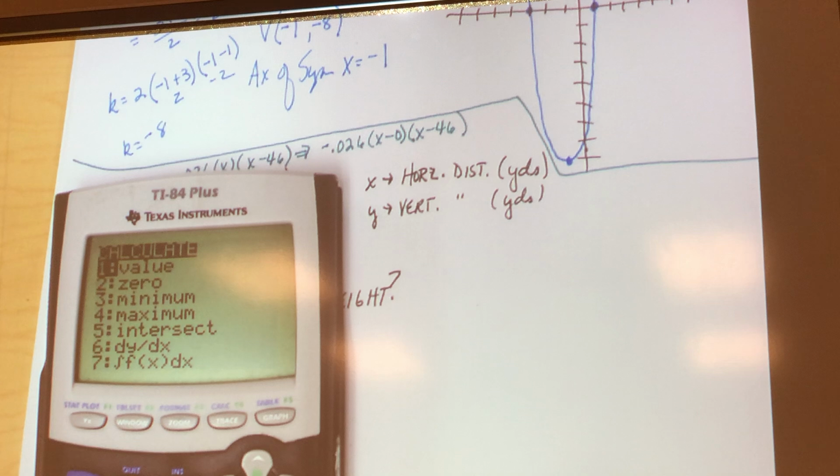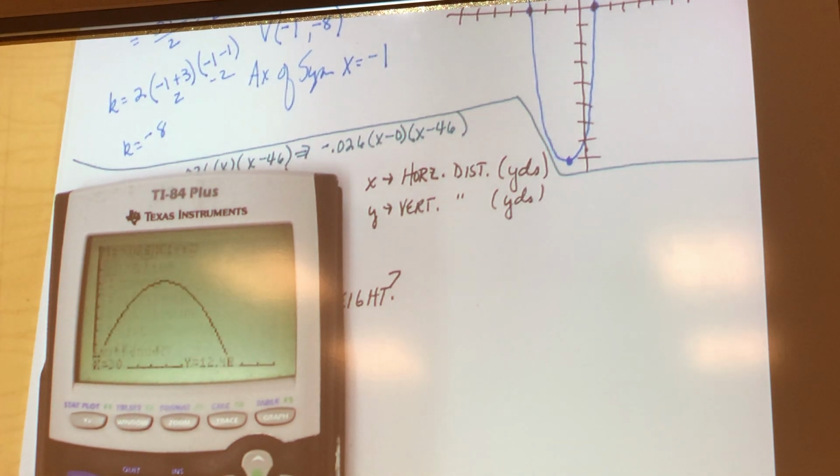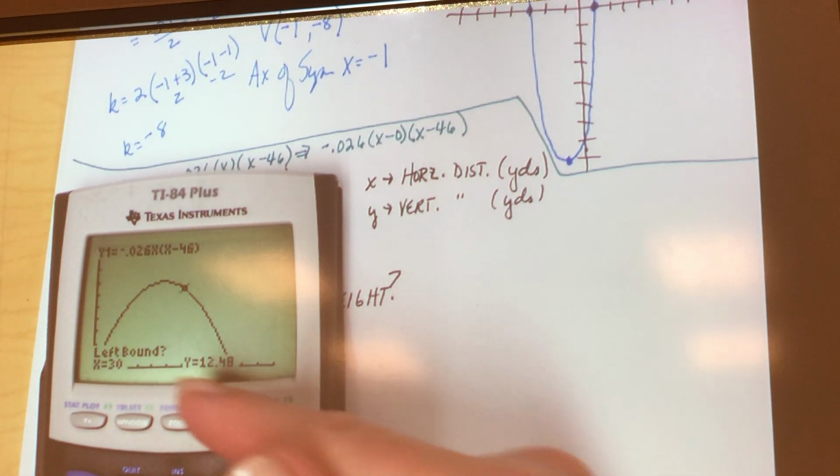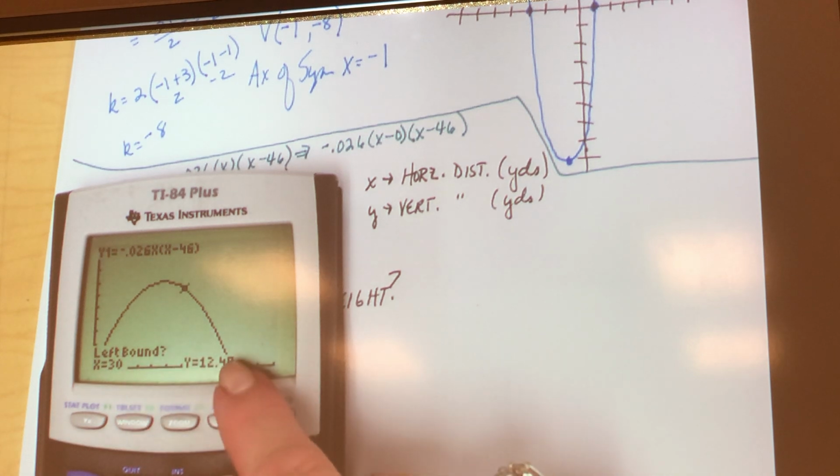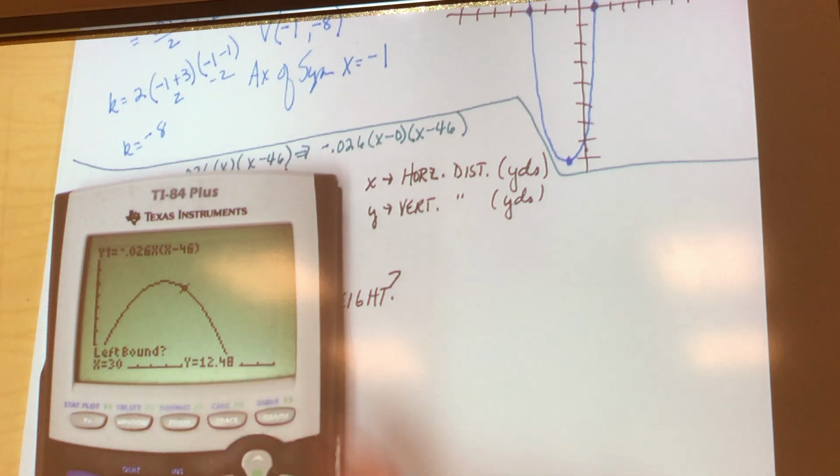X-intercepts, zeros, answers, solutions, and roots are all the same things. So I'm going to choose number 2. Now, look, he wants a bound. He wants a left bound. If I'm right here on my curve, a left bound is above this number. Do you agree? So I'm going to get to the left of it, down here by it a little bit.